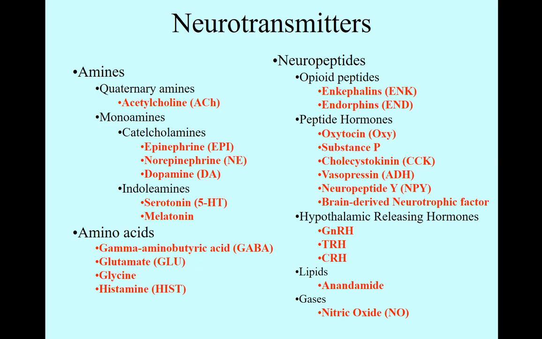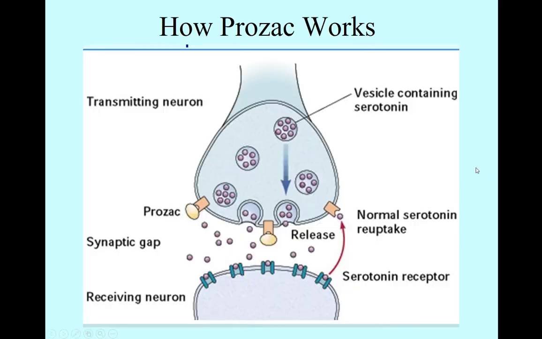That takes us to where we are today with the treatment of depression and Prozac. So let's see how Prozac works. So as I said before, here is the axon terminal of the presynaptic cell releasing serotonin into the synaptic cleft. It comes across the cleft, it binds its receptor, and it creates an IPSP or an EPSP. That's what it does.